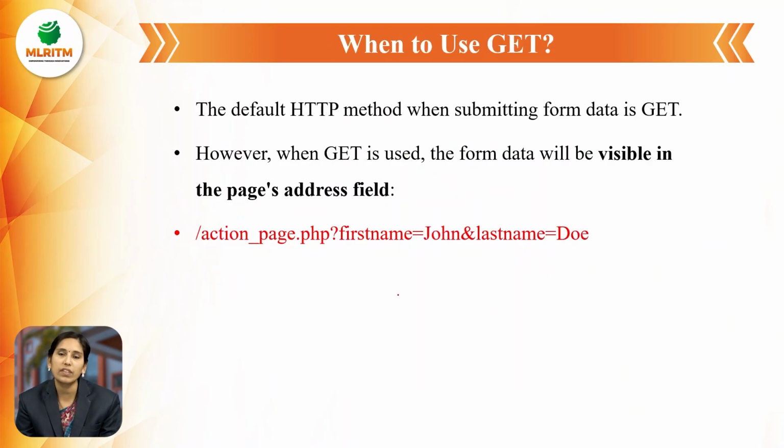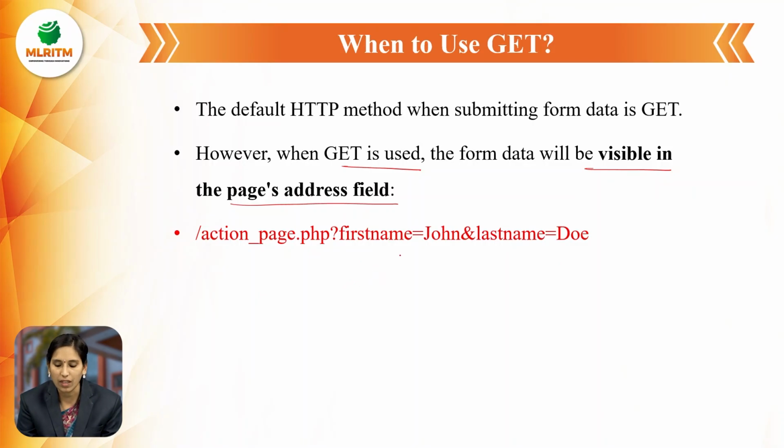So when do we use the get method and when do we use the post method? By default, the form uses the get method when we submit it. With the get method, the form data is visible in the page address field.